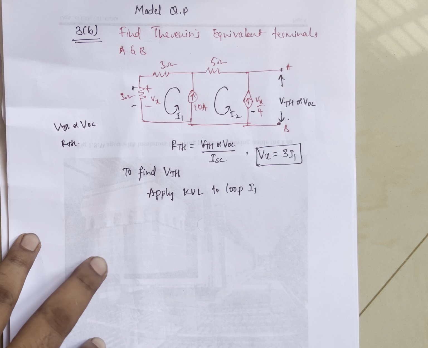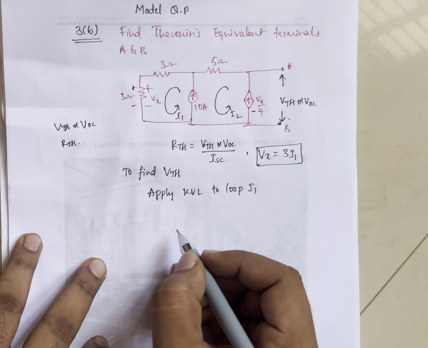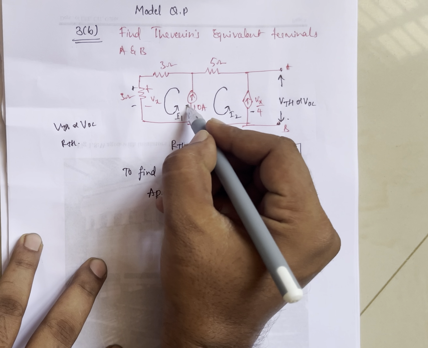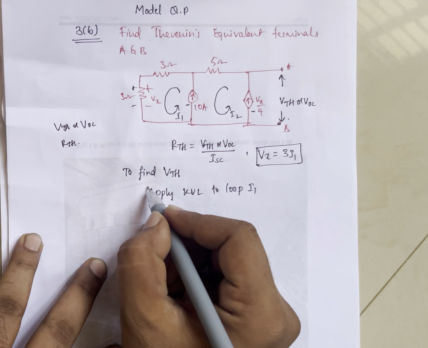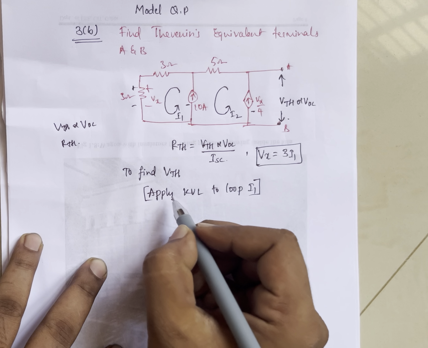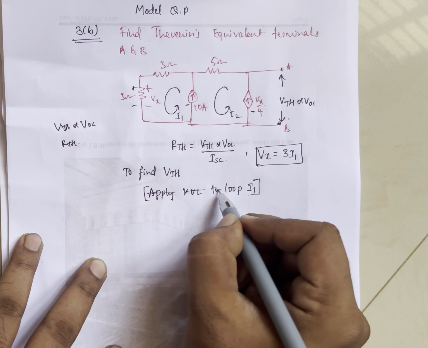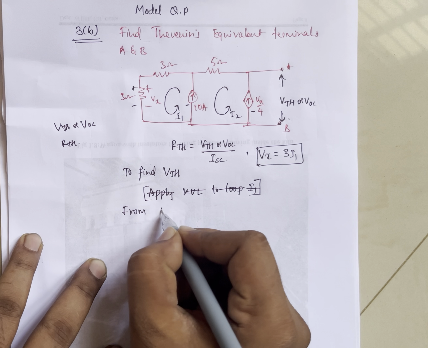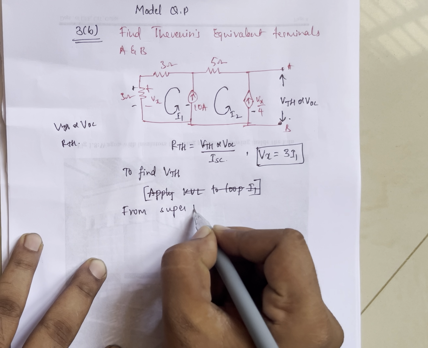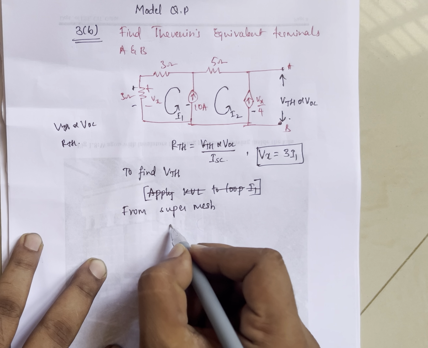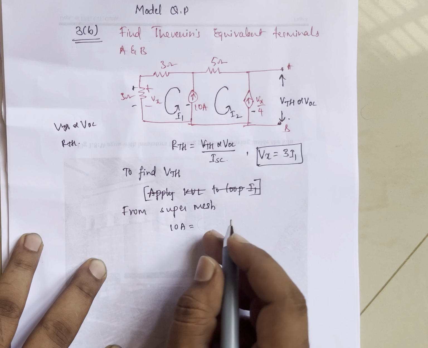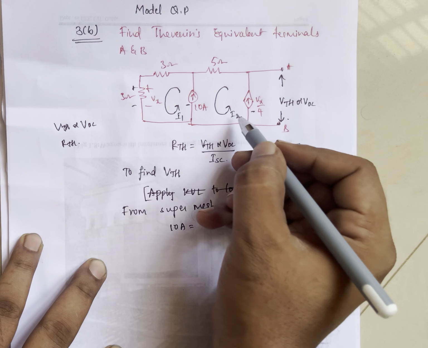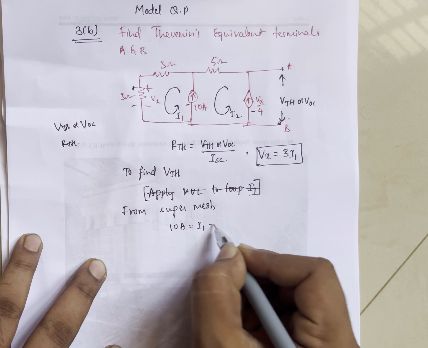So now apply KVL at loop 1. Before that, there is a super mesh. Before applying KVL to loop 1, there is a super mesh. From the super mesh, you need to write one equation: 10 amperes equals I1 minus I2.